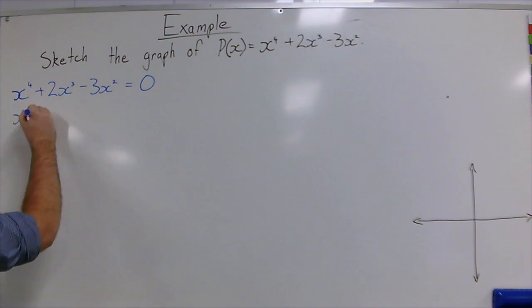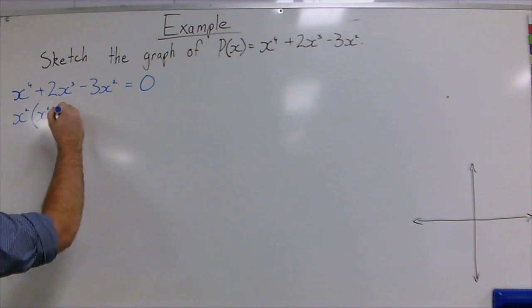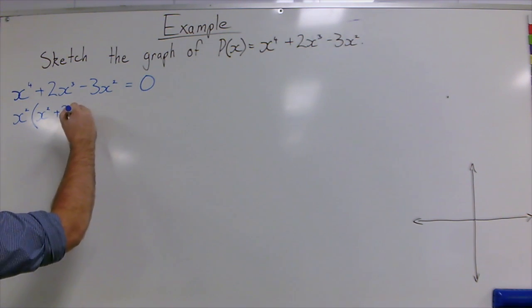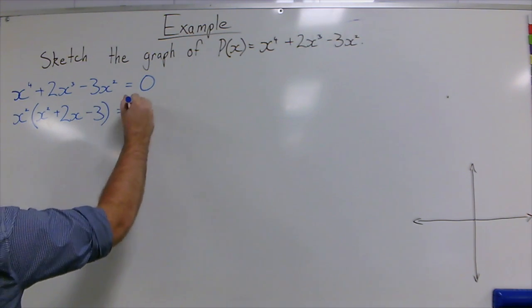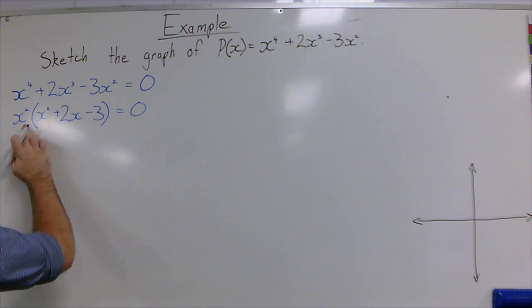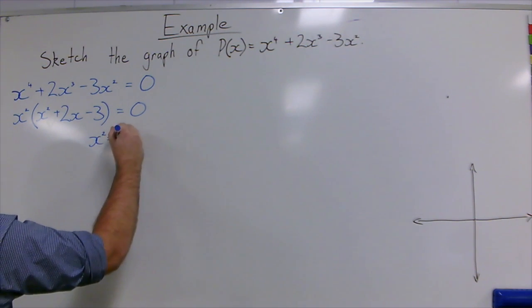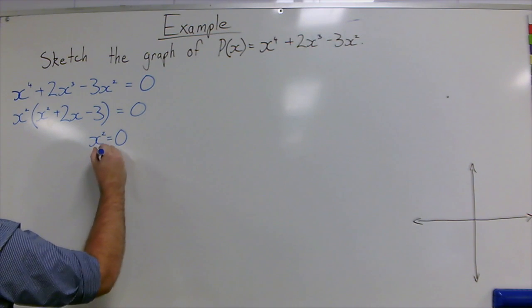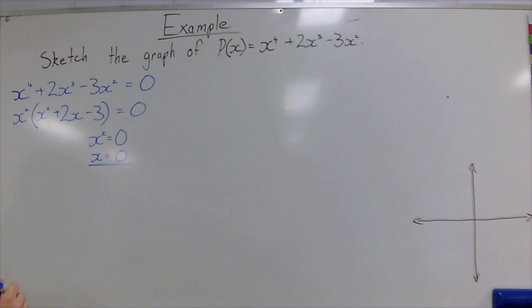So I go x squared, bracket, x squared plus 2x minus 3 equals 0. Straight away that gives me that x squared equals 0, so then x equals 0. So there's one of our roots straight away.